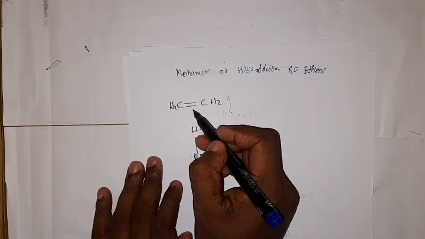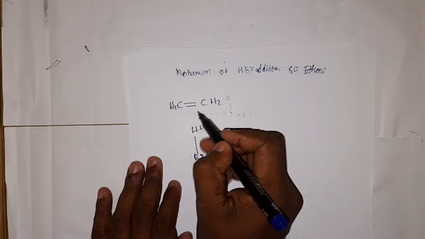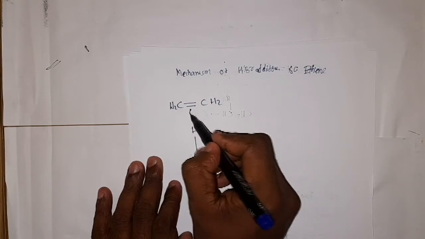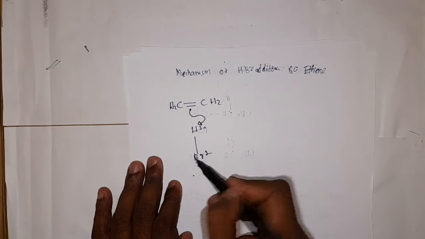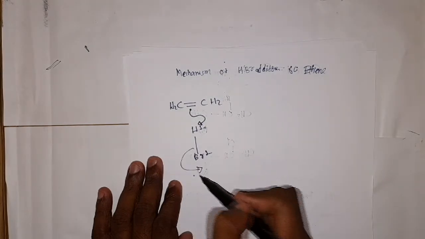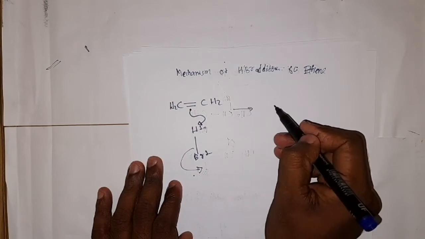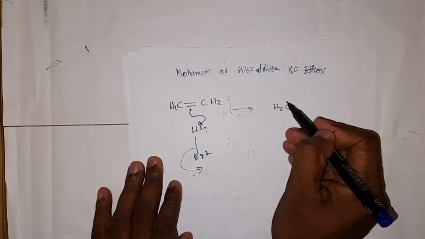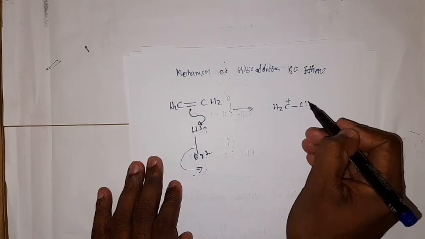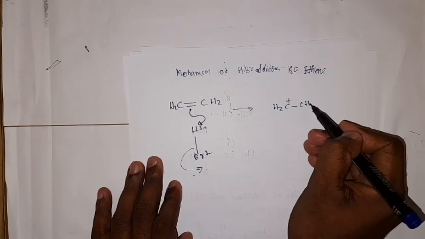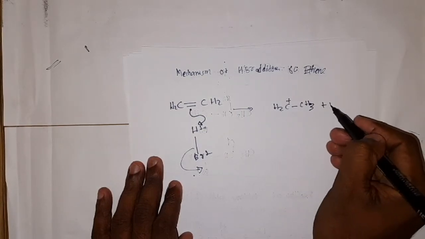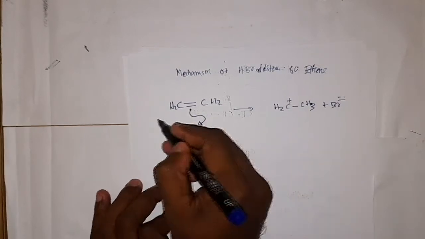Same as the previous addition in chlorination reactions, the same mechanism: the electrons go to this side and this bond breaks to the other side, and the final result forms H2C plus, CH3 plus Br minus. So this is the first step.